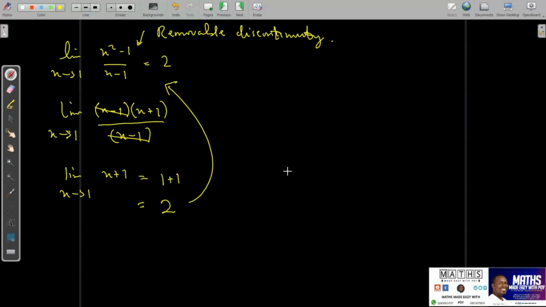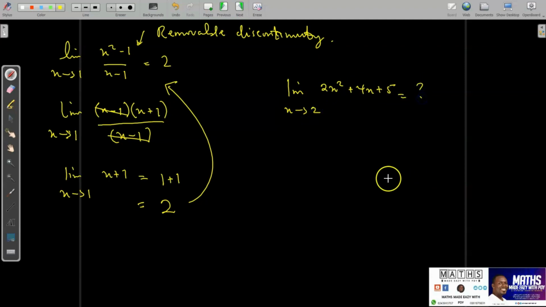So let me bring in another example. This time around, I have it as this. So try this for me. Limit of the function 2x squared plus 4x plus 5 as x approaches 2.